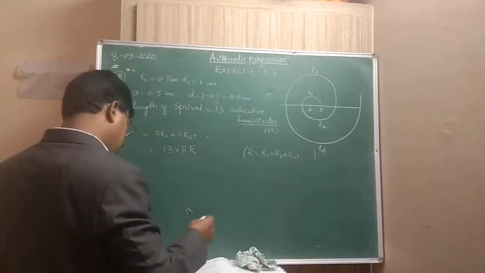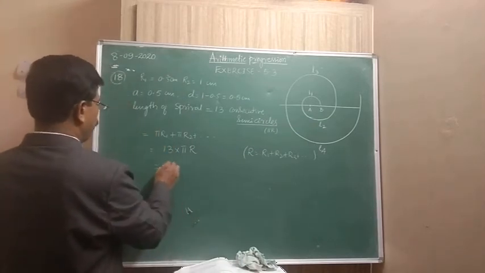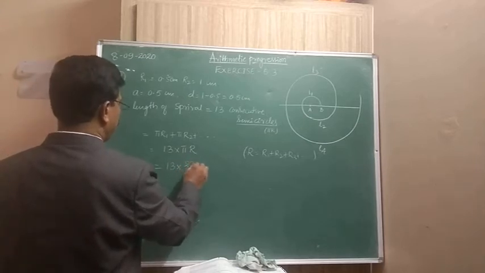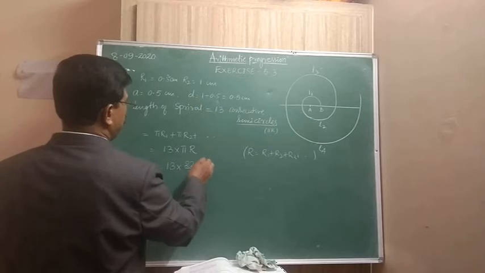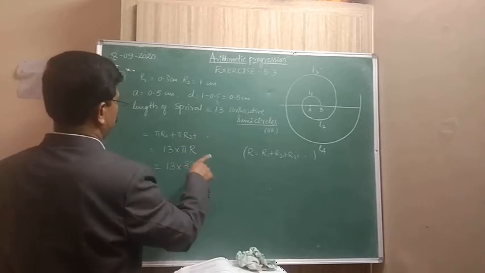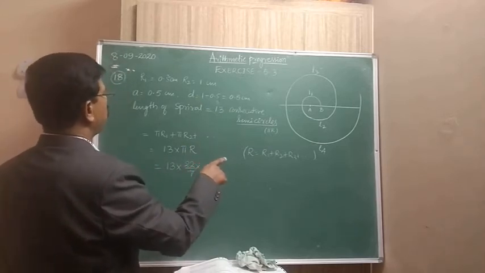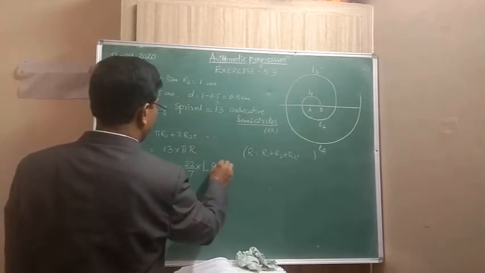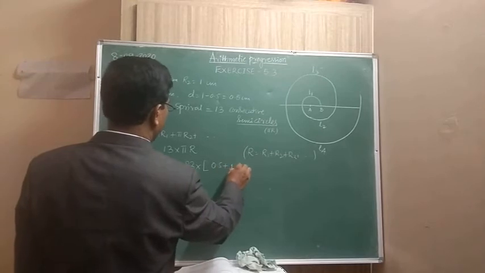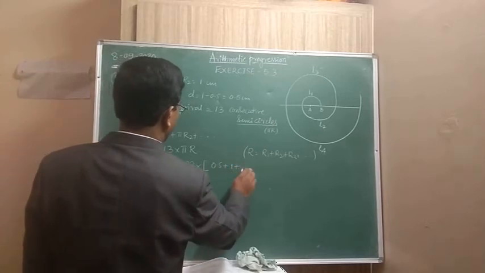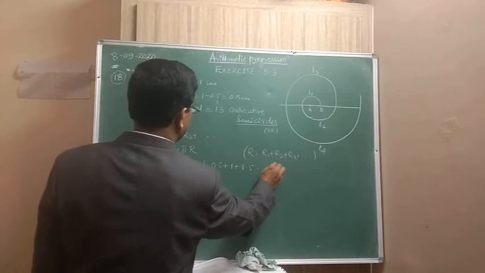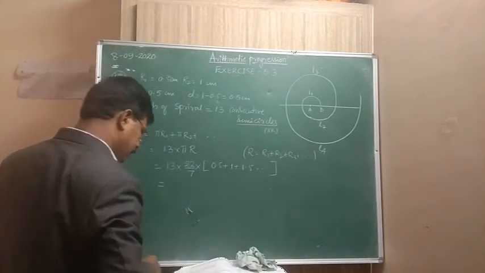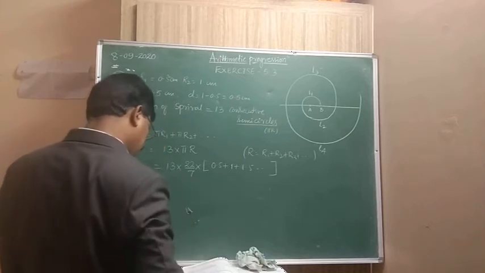Now what is the given? Pi value they have given as 22/7, into the r value. So what r value to take? Now here it is 0.5 plus 1 plus 1.5 etc. So here you have already taken 13. Clear?